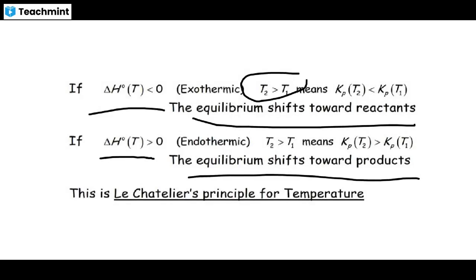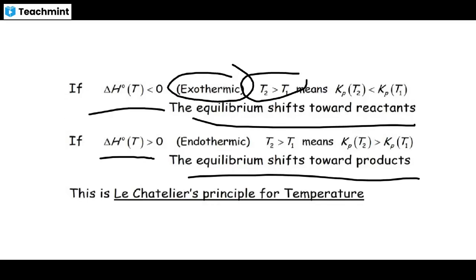So I already told, when the reaction is exothermic and you increase the temperature, the equilibrium shifts towards reactant. If the reaction is endothermic, the equilibrium shifts towards product.